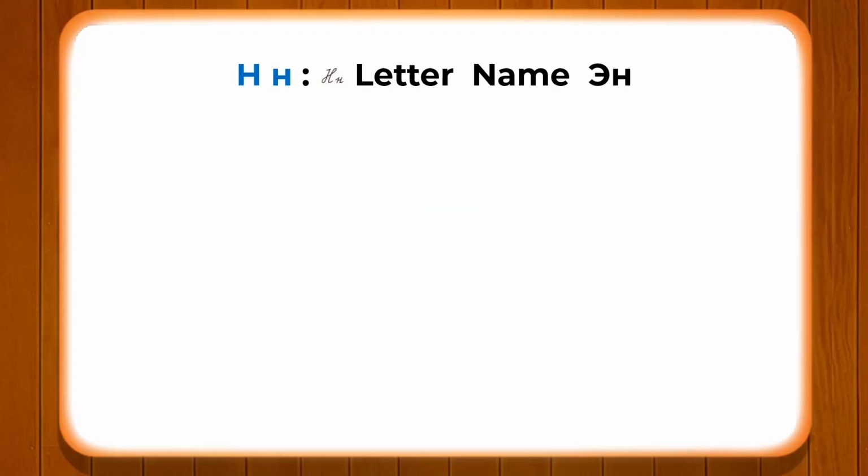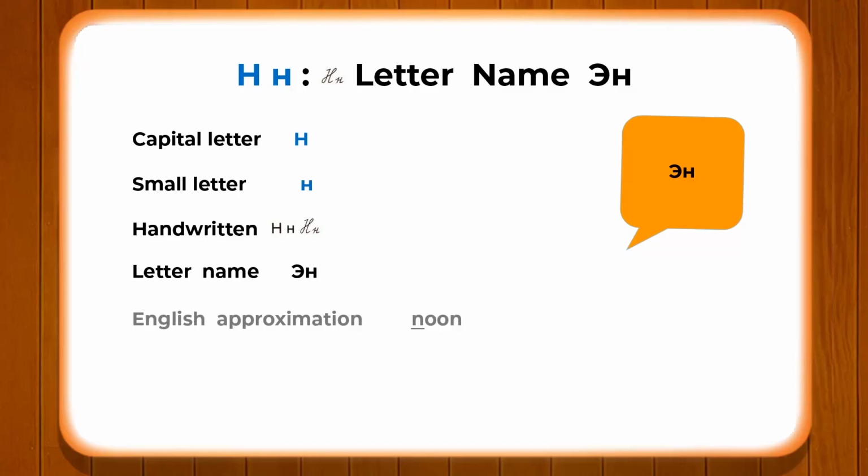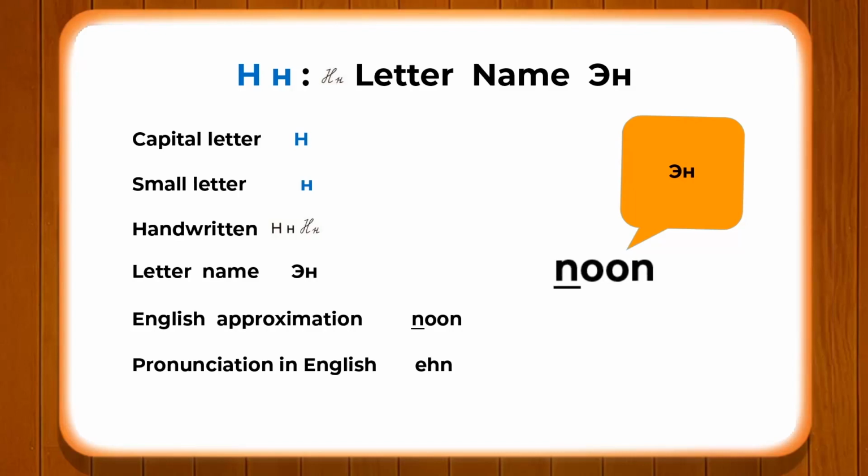Okay, let's go ahead and look at the sound of the letter N. For the English approximation which we have used to understand the sound, we have used the word noon.